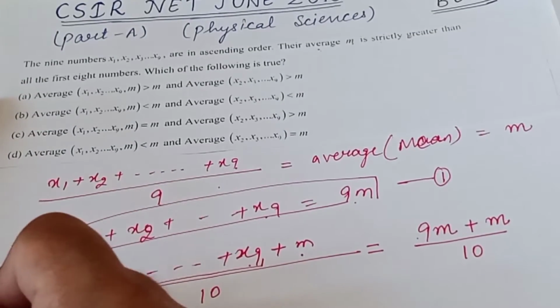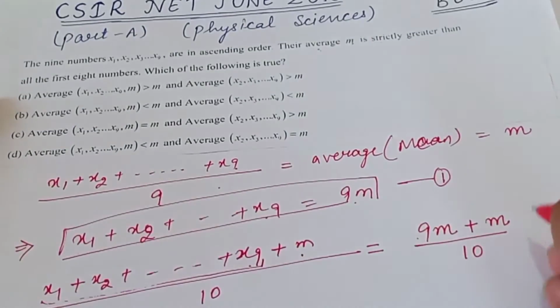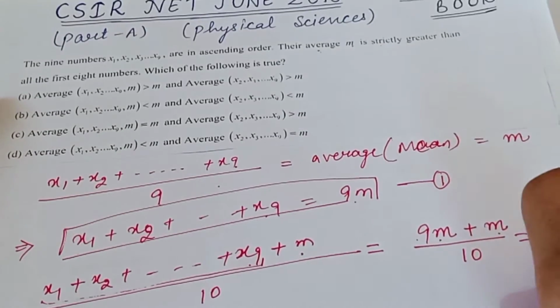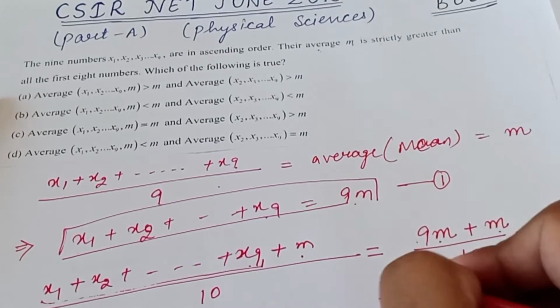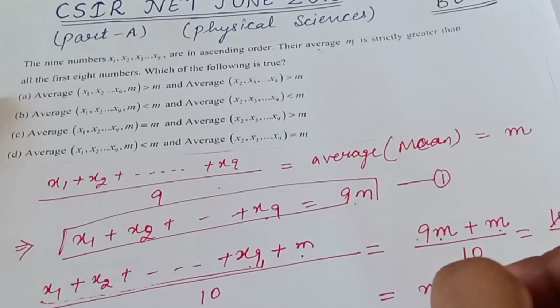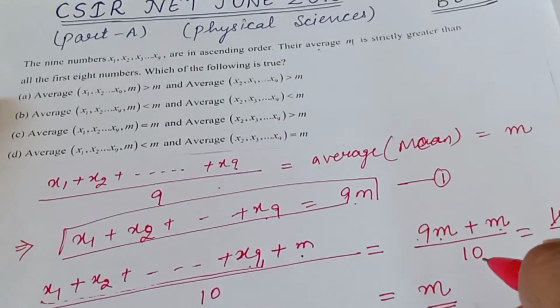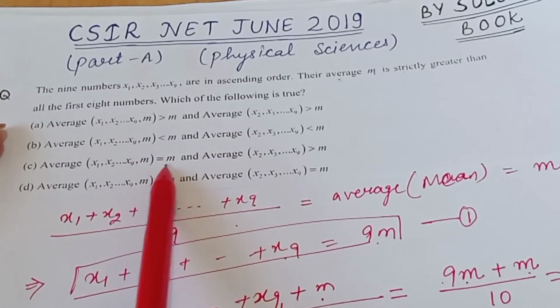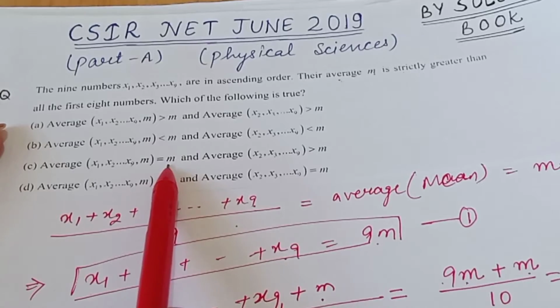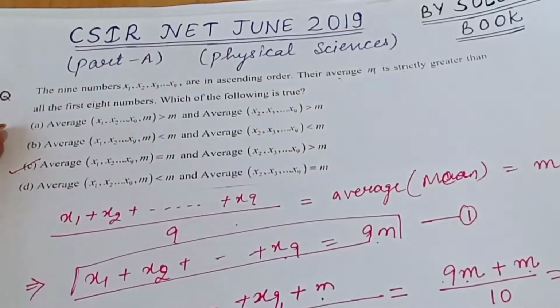This is the average we have to find. 9m plus m is 10m upon 10. 10 will cancel out and we will get m. It means the average equals m. Only the third option satisfies this condition, which means C is the correct answer.